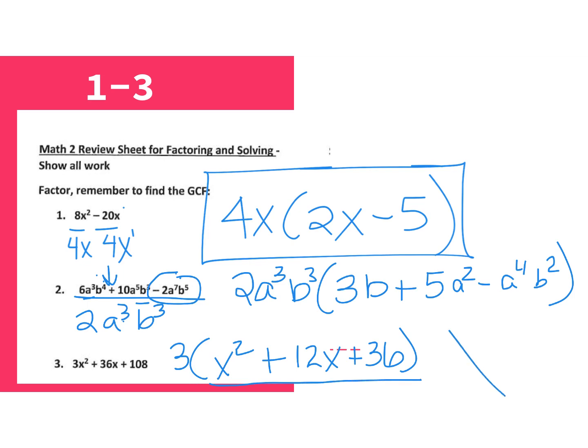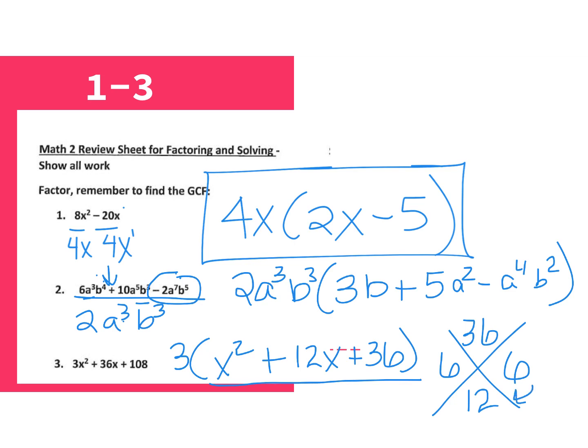I can continue to factor this even further by saying I'm trying to find 2 numbers that multiply to 36, that those 2 numbers add or subtract to give us 12. So I know that 6 times 6 gives me a positive 36, and I know 6 plus 6 will give me 12, so it's going to add up to the bottom number.